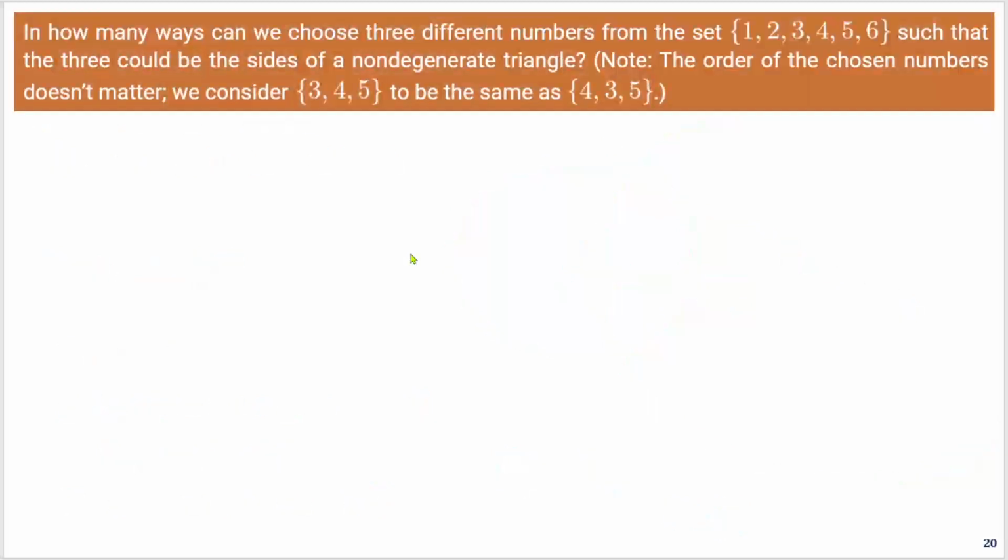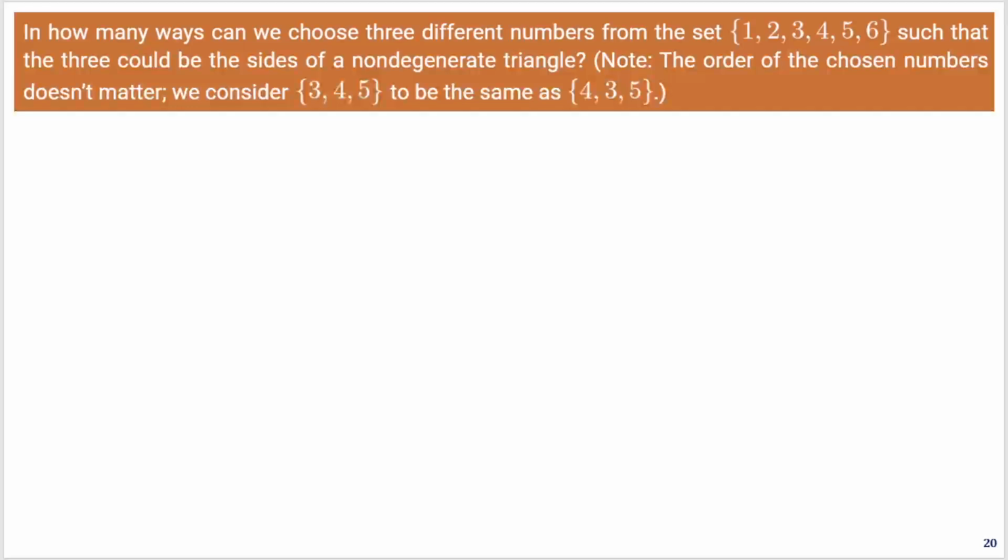Okay, now let's use this inequality to solve some questions. So let's consider this question here. In how many ways can we choose 3 different numbers from the set 1 to 6, such that they could be the sizes of the sides of a non-degenerate triangle? So note that the order of the chosen numbers doesn't matter.